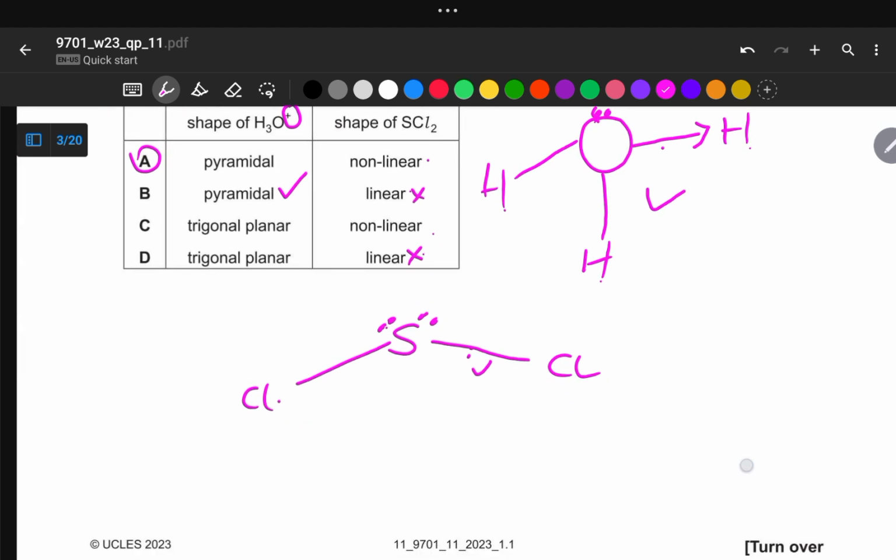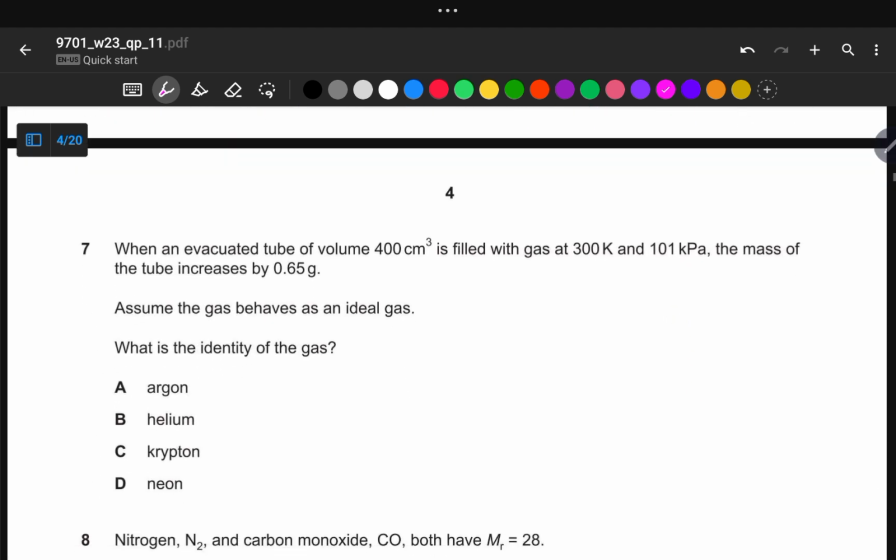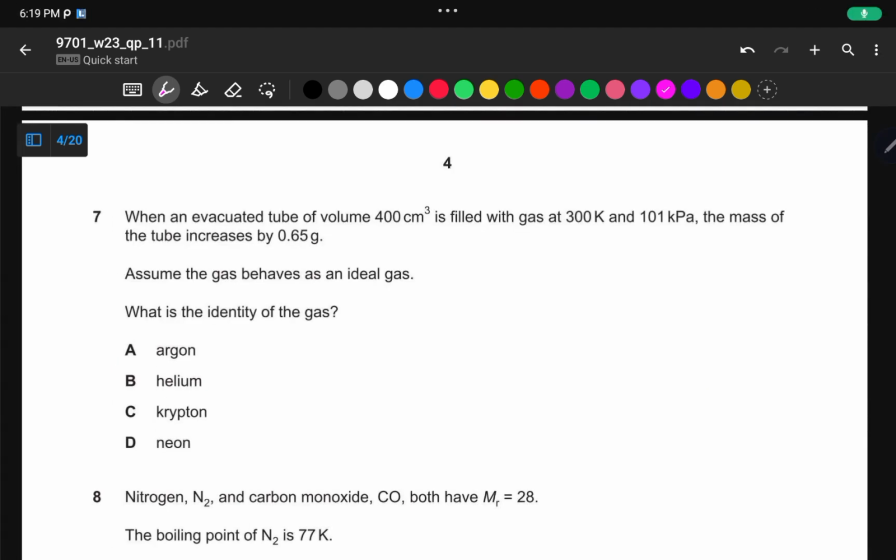And then we are now moving on to number 7. Number 7 says when an evacuated tube of volume 400 cubic centimeters is filled with gas at 300 Kelvin and 101 kilopascal, the mass of the tube increases by 0.65 grams. Assume the gas behaves as an ideal gas.